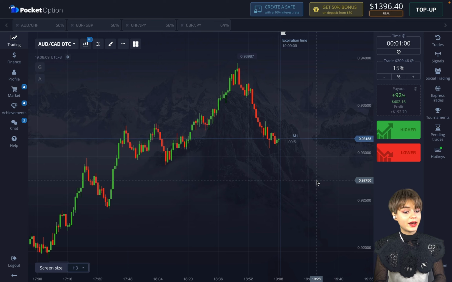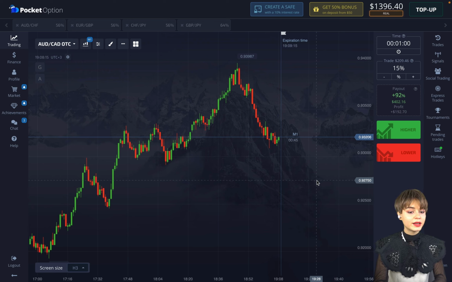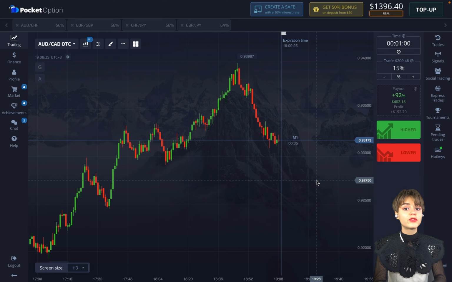So I don't have to watch my bet amount sum all the time. I know for sure that it's always 15% of deposit, so the bigger the deposit is, the bigger the bet amount is. And when the trading is positive, our deposit is growing much faster. So let's move to trading, and I'll show you all the other things in practice.